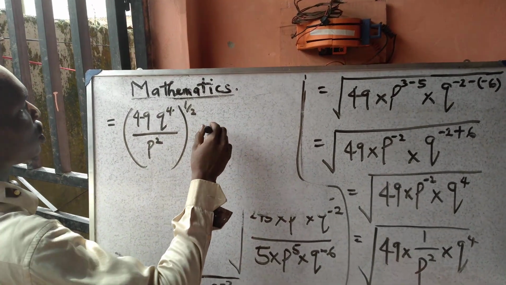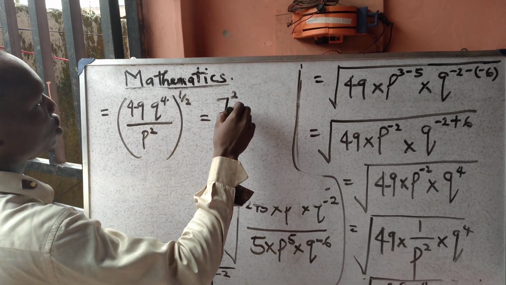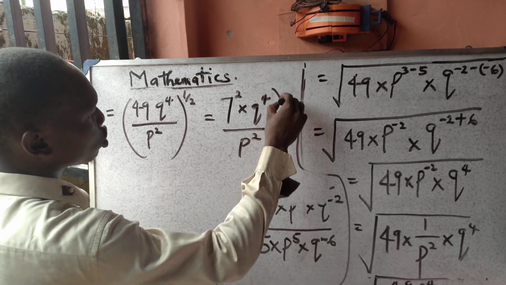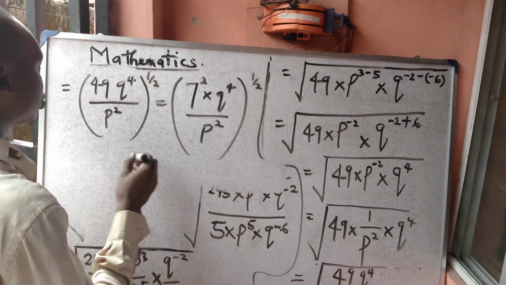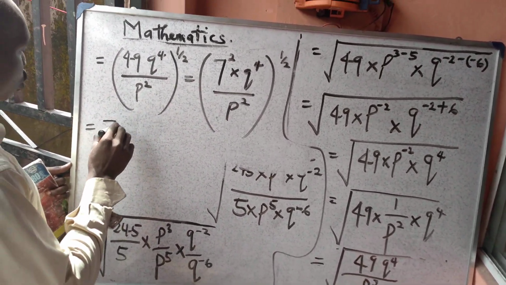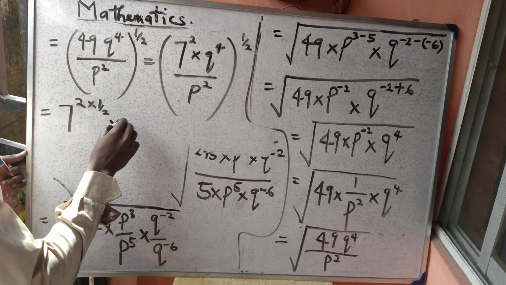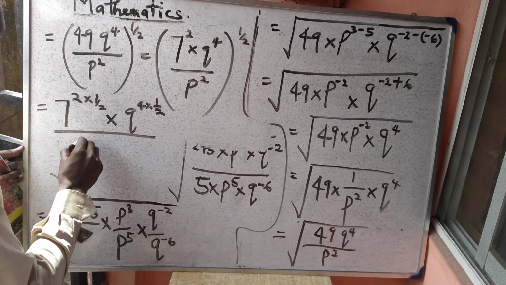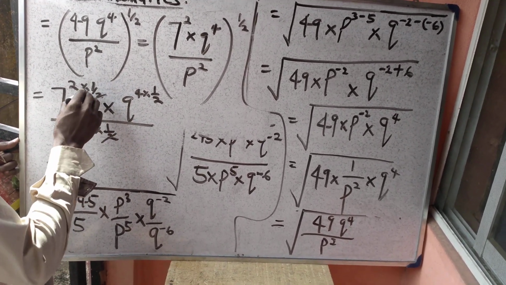So this now will be what? Express this in index form. This is 49, index form is 7 raised to power 2, times q raised to power 4 over p raised to power 2 all raised to power half. So now this will be what? 7 raised to power 2 times 1 over 2 times q raised to power 4 times 1 over 2 divided by p raised to power 2 times 1 over 2. This will cancel this. This will go here.